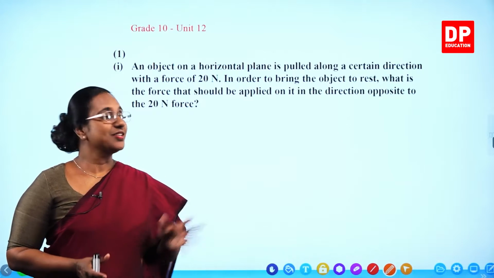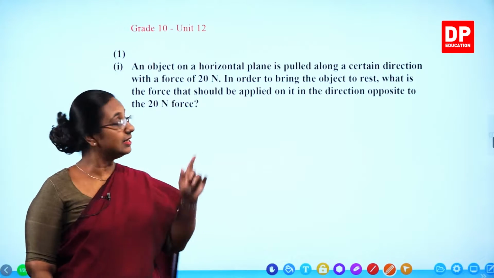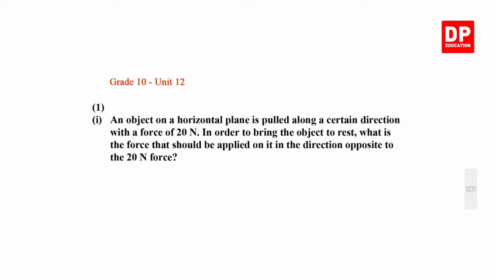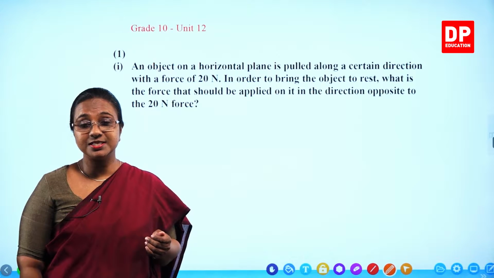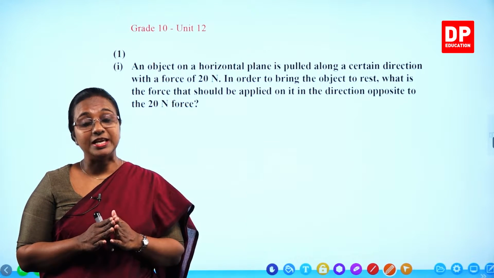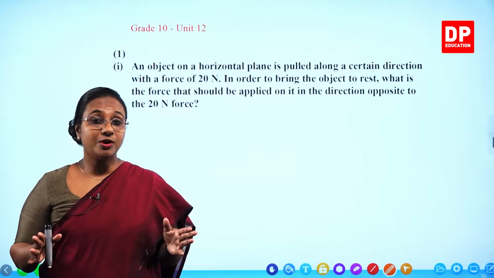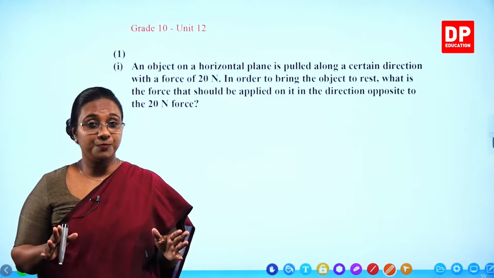Okay, students. So now I'm going to discuss the exercise from your grade 10 science book, that is unit 12. We have discussed the lesson equilibrium of forces. You all know when there needs to be equilibrium, the resultant of all the forces acting on an object should be 0.